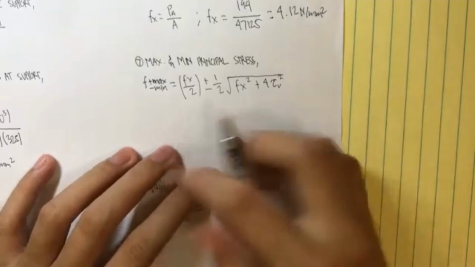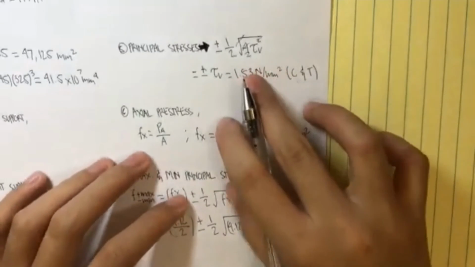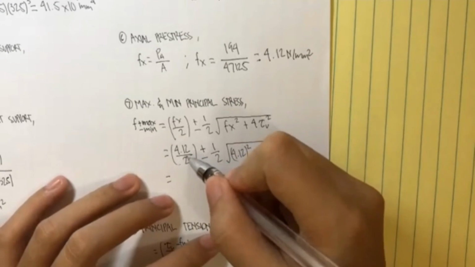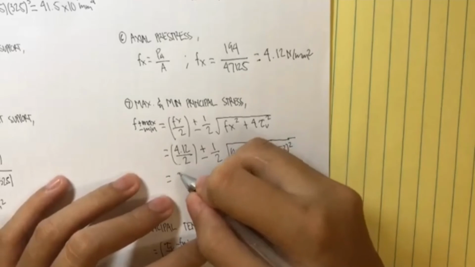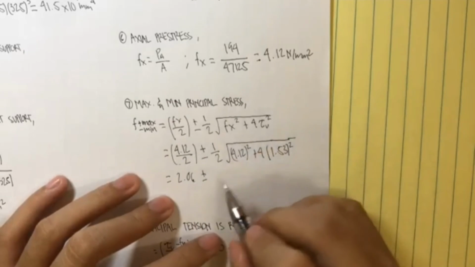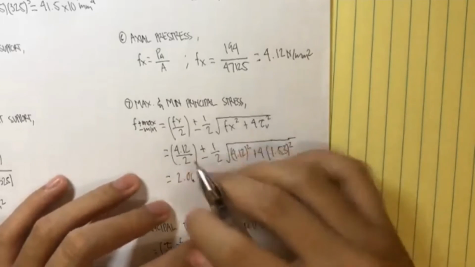At ito yung formula nun. Shear stress mo, ito, 1.53. So, simplify mo lang. 4.12 divided by 2 is 2.06 plus and minus. Pag sinimplify mo to, ang makukuha mo is 2.80.